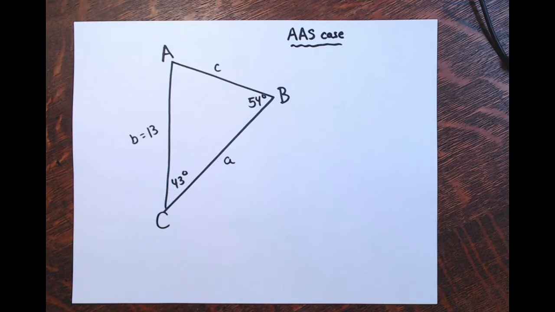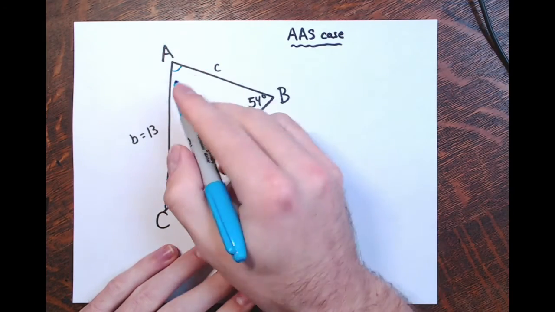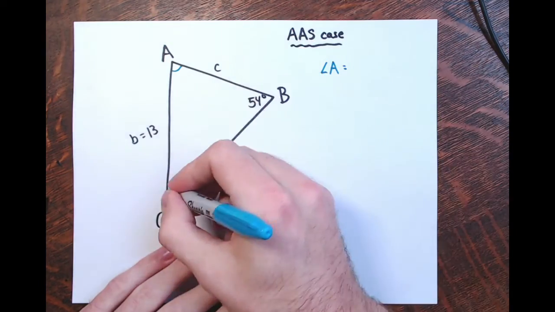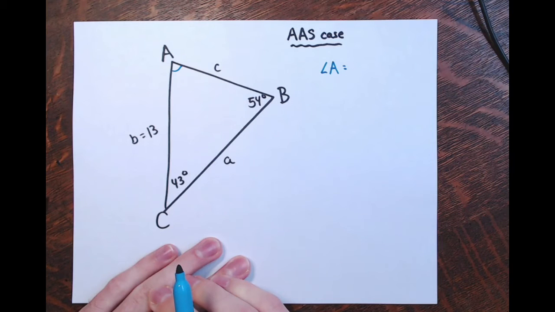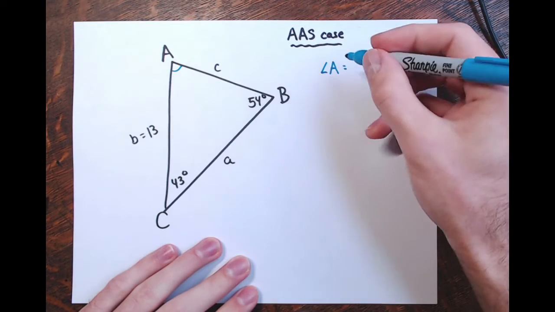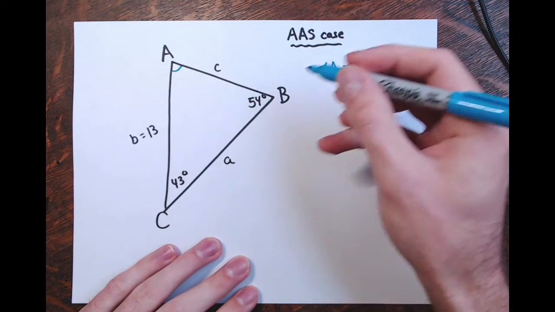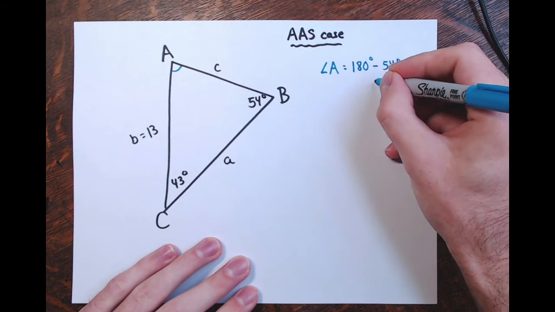In AAS and ASA, you are given two angle measures, so the third angle measure should be easy to find. Finding the measure of angle A should be easy, because all three angles in a triangle on the plane add up to 180 degrees. So to find angle A, take 180 degrees and subtract angle B and angle C: minus 54, minus 43.